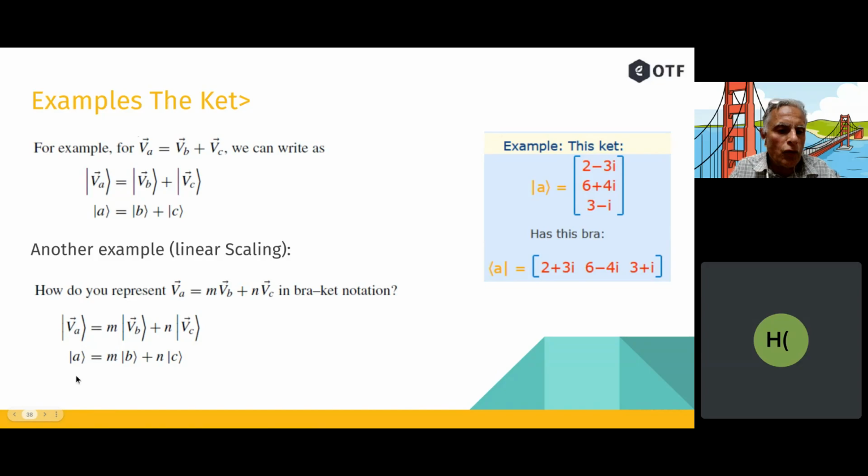Or we can also say, just to simplify, instead of putting Va, Vb and all that, Ket A equal to m Ket B plus n Ket C. So Ket notation is one way of representation, equivalent to vector representation. And you have seen Ket A as a column matrix. So all Kets are column matrices first. And what is then the other one?